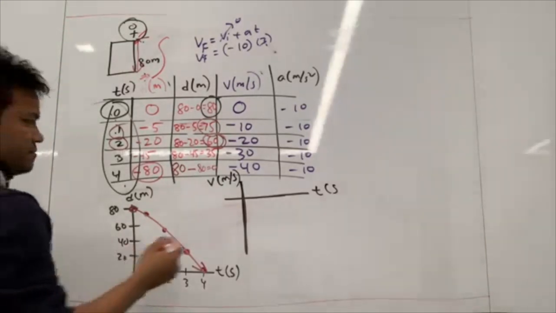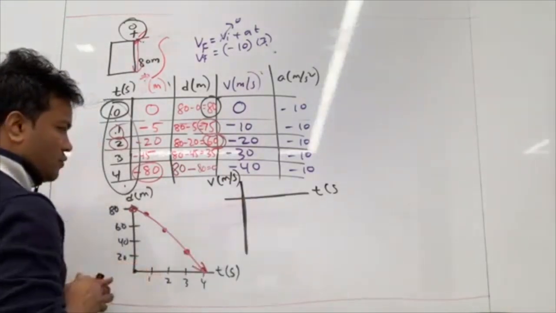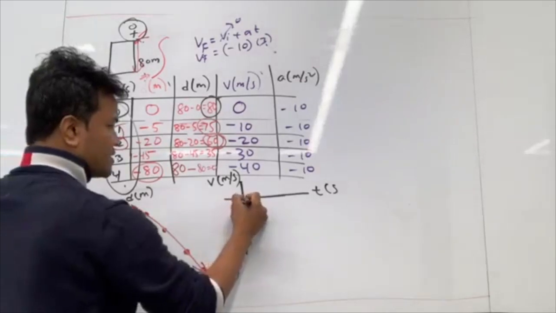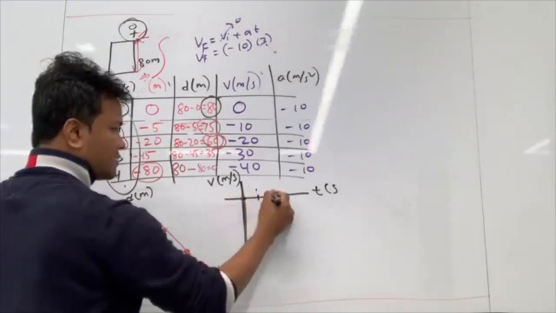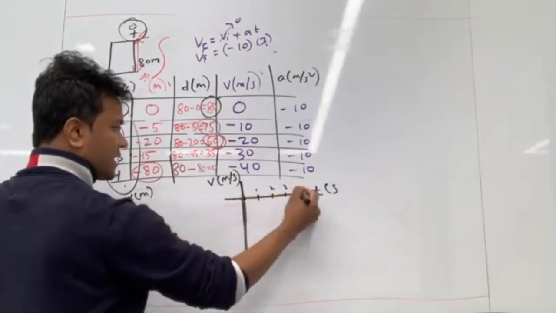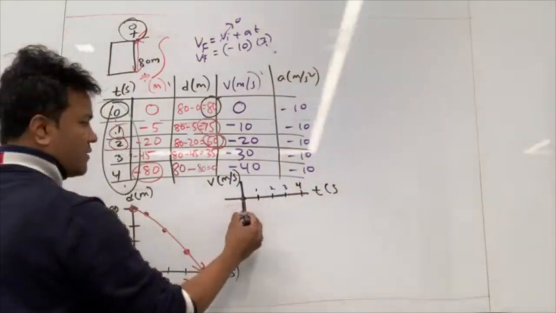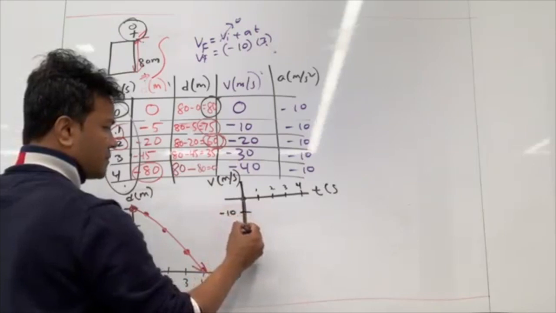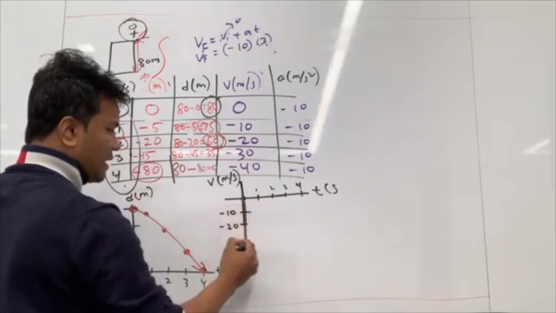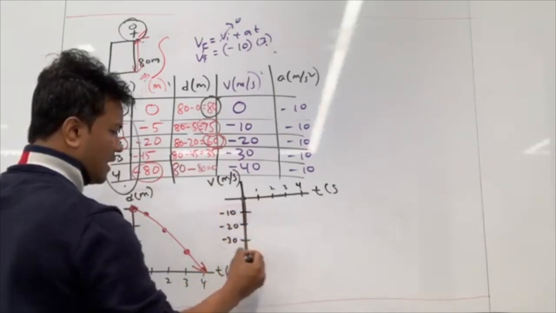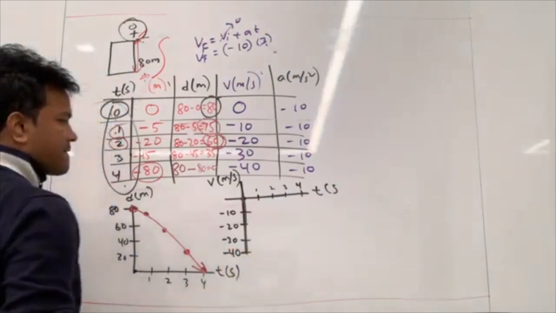So you have time, 0 second, 1 second, 2 second, 3 second, and 4 second. Okay. And you have -10, -20, -30, and then -40.